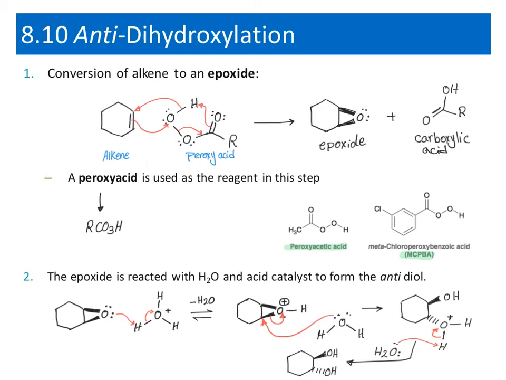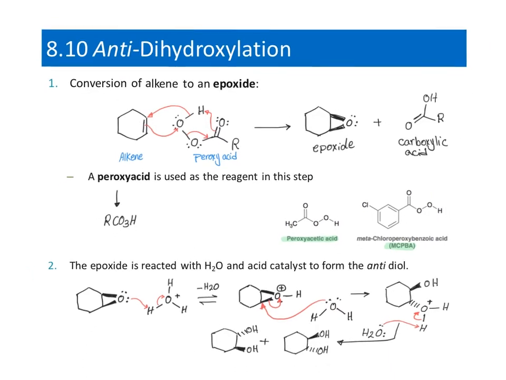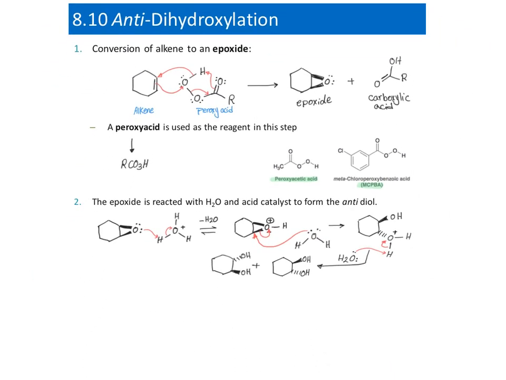Now, since we formed two chirality centers, we need to draw its enantiomer as well. So this is how we are going to make a trans-diol through anti-dihydroxylation. Now let's look at the example here.